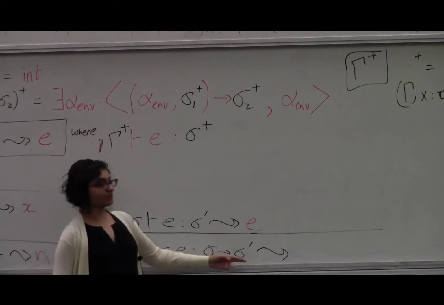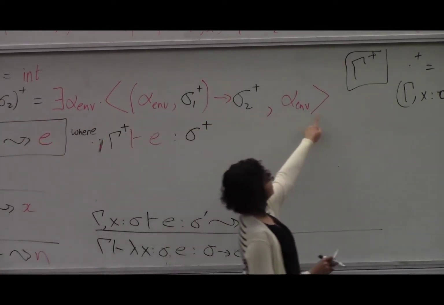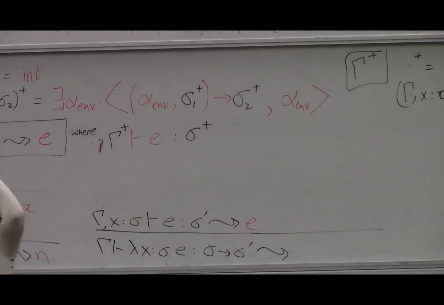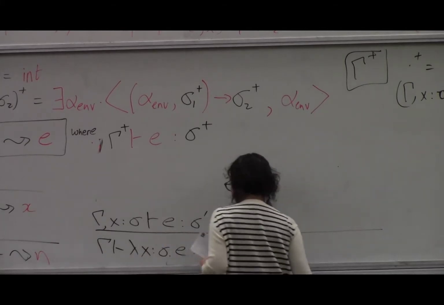The translation of sigma arrow sigma prime. So we have to produce something which is an existential with a pair inside. What do I write down if I want to produce an existential? Pack. So we are going to produce a pack.